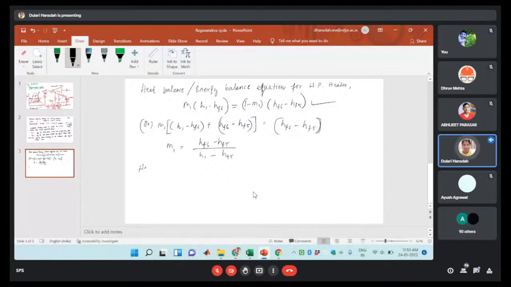So similarly, we can find out the heat balance or energy balance for the low pressure heater. Okay, so here the low pressure steam is entering. So in this case, that equation will be here.